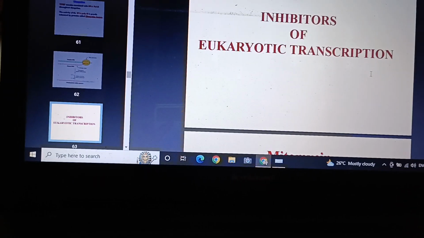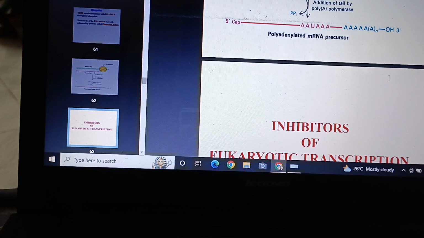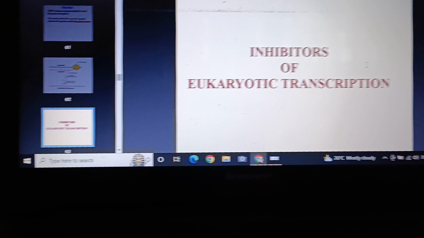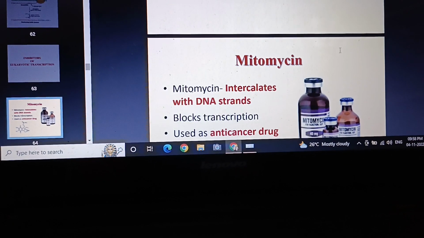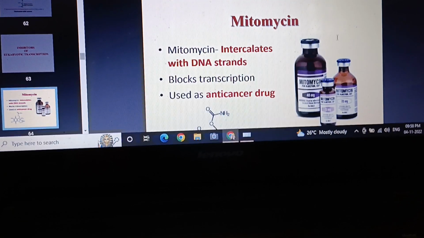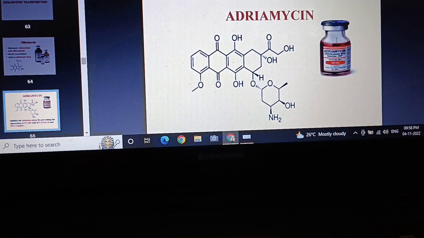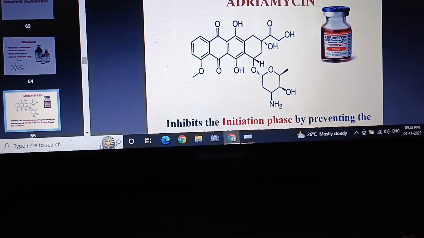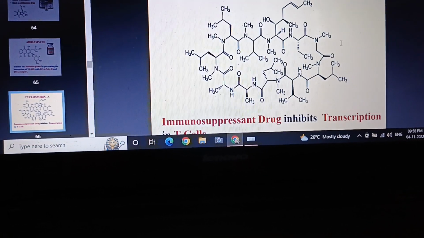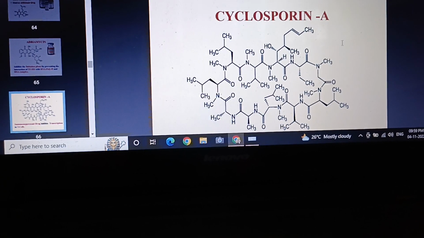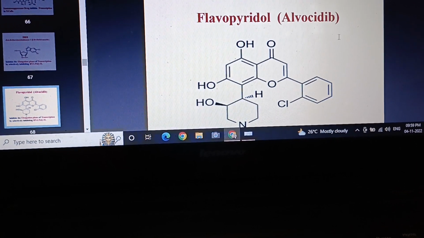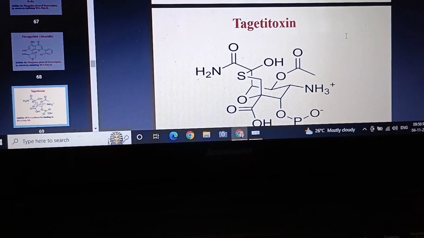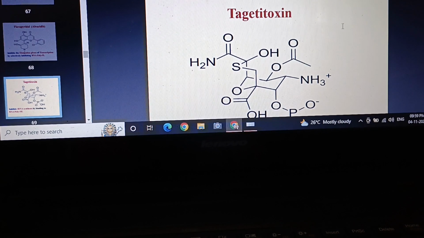So from this, your termination is over. Now we will go on to the inhibitors of eukaryotic transcription: mitomycin, adriamycin, cyclosporin, DRB, flavopiridol, tagetitoxin.